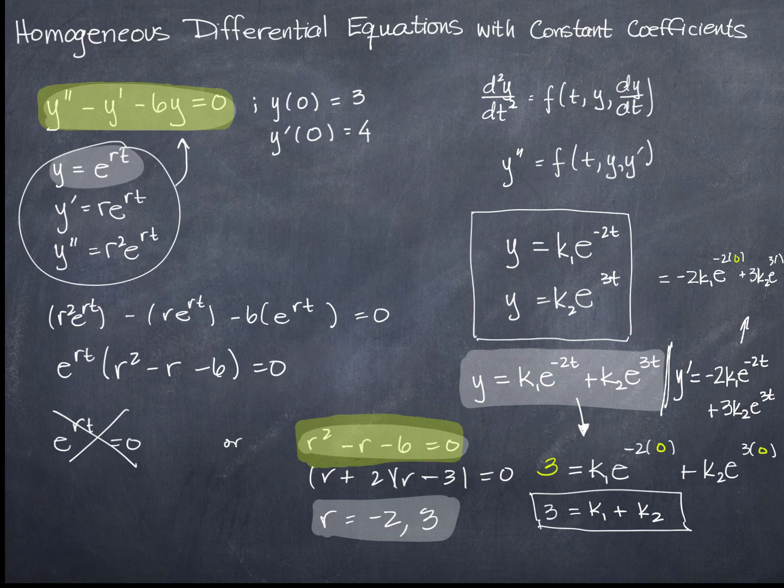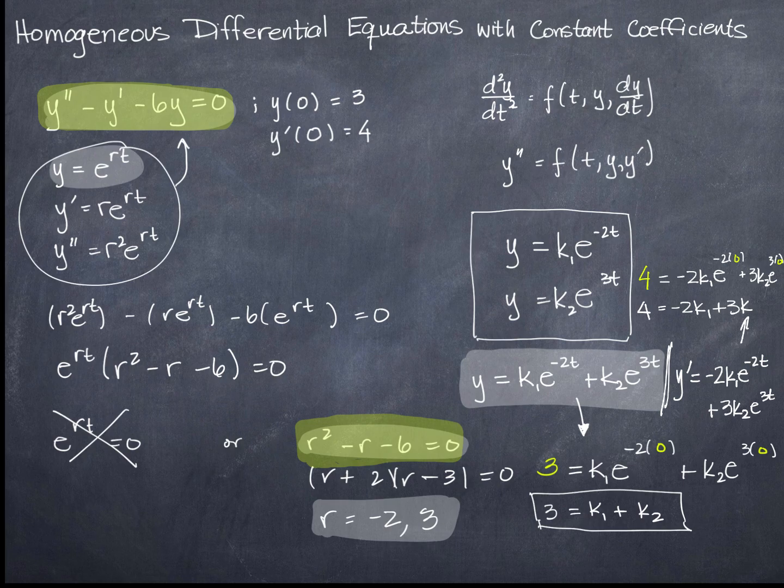For the initial conditions for the first derivative, when t is 0, y prime equals 4. So now I have, again, e to the 0 is 1, so I have 4 equals negative 2k1 plus 3k2.